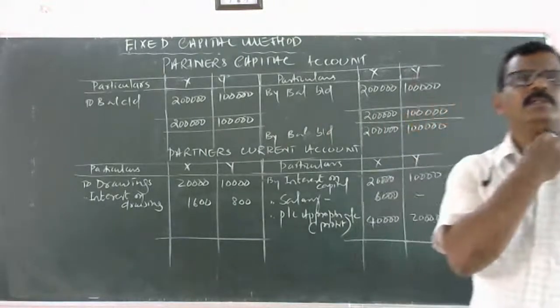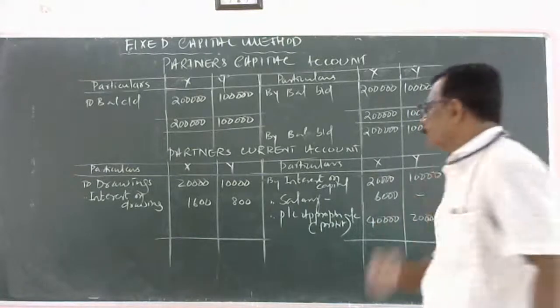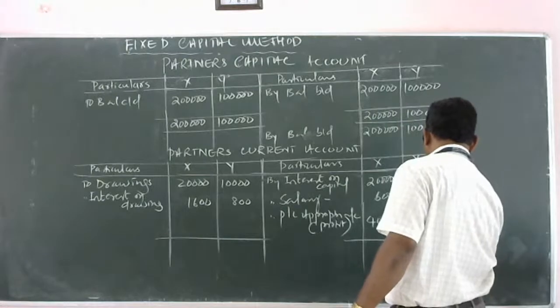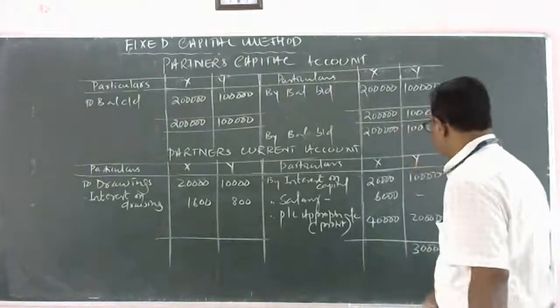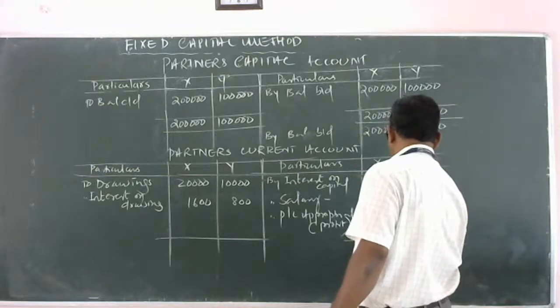The balance will be either debit or credit, it's not compulsory. So the credit side total is 30,000 Y and 66,000 X.